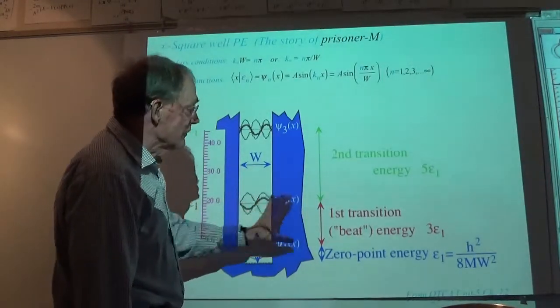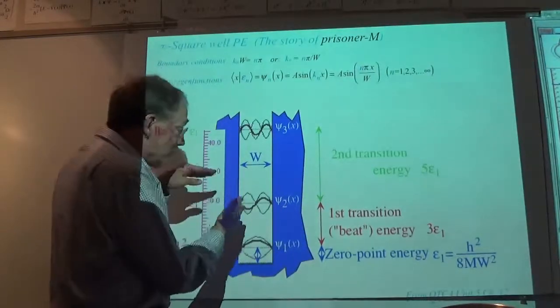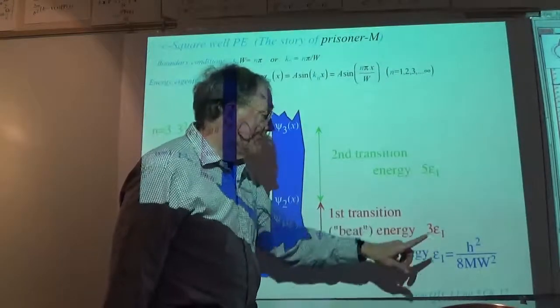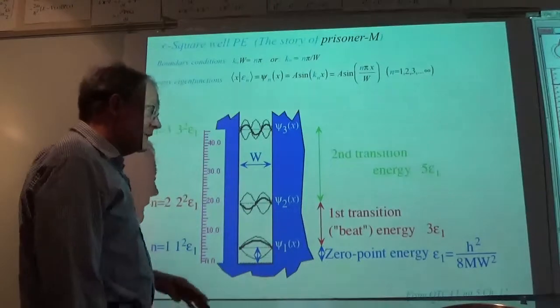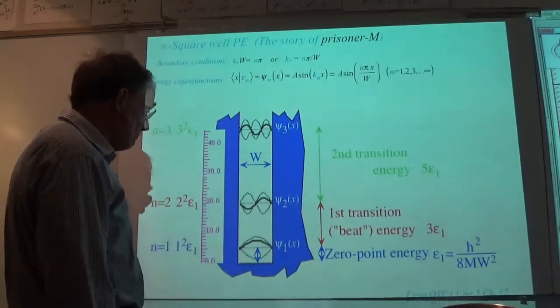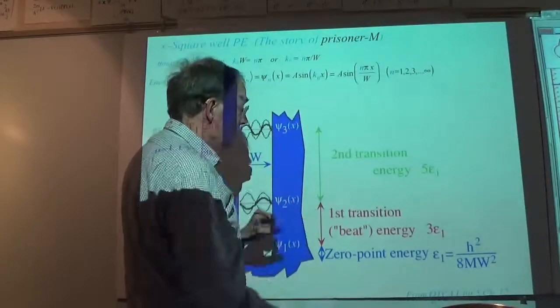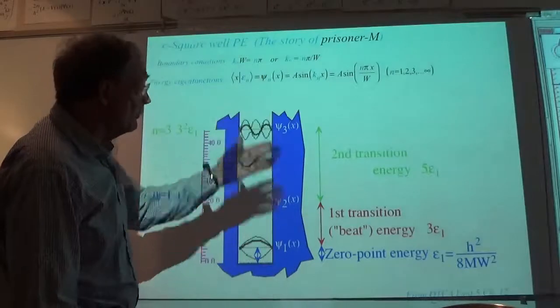So the difference, the beat energy, the energy you're going to get if you excite both of these at once, is 3 times the oscillation period of the phase at the zero point. Okay, and then this one is 5 right here. 9 minus 4.